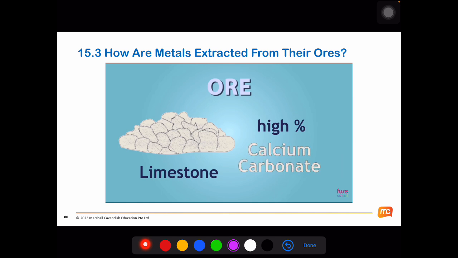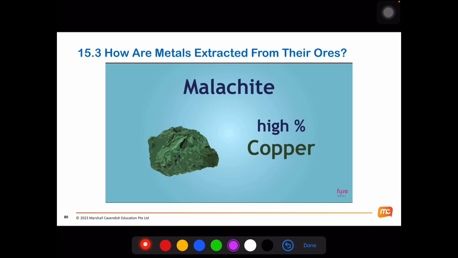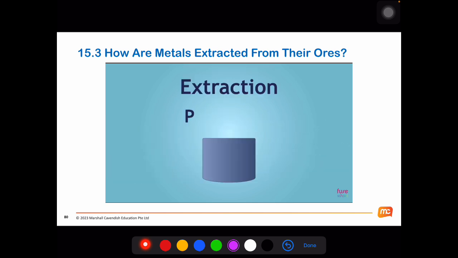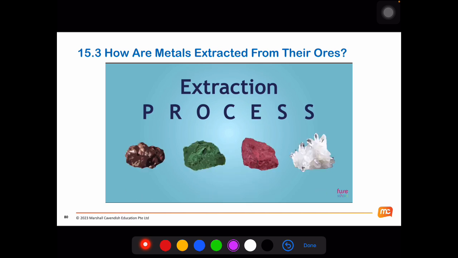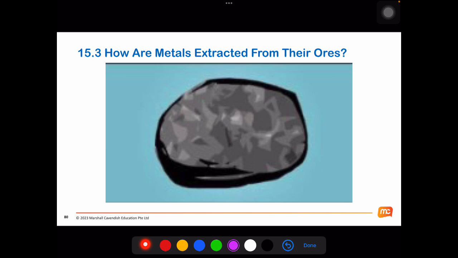Limestone contains a high percentage of calcium, but calcium exists as calcium carbonate. The iron in hematite is mostly iron(III) oxide. The copper in malachite is mostly copper(II) carbonate. The mercury in cinnabar is primarily found as mercury(II) sulfide. The extraction process for each ore can vary, but the key idea here is that the mineral must be present in a high enough percentage, or else the process would not be very economical.